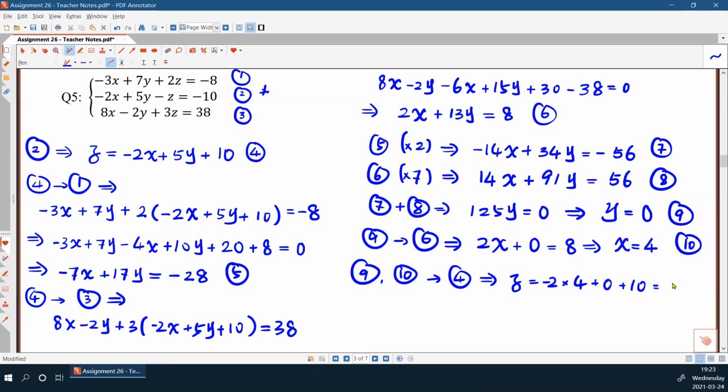This is 2, right? Okay, so final conclusion is x is 4, y is 0, and z is 2, right? Okay, have a look at that. Any questions here?